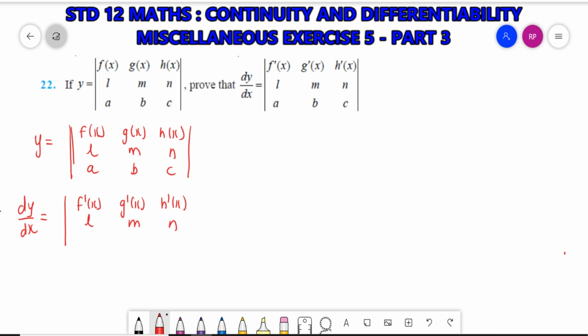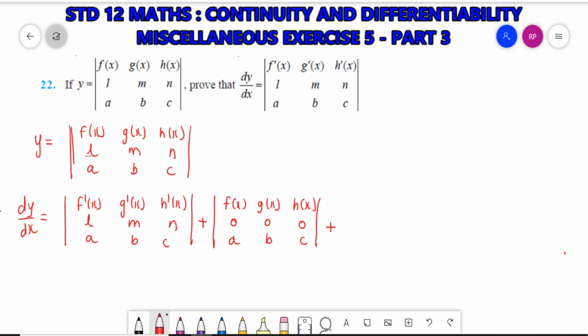In the first case, we only need to differentiate the first row. Plus, now I will differentiate the second row, means fx, gx, hx as it is. The derivatives of l, m and n are zero since they are constants, so the second row will be 0, 0, 0. Third row as it is.